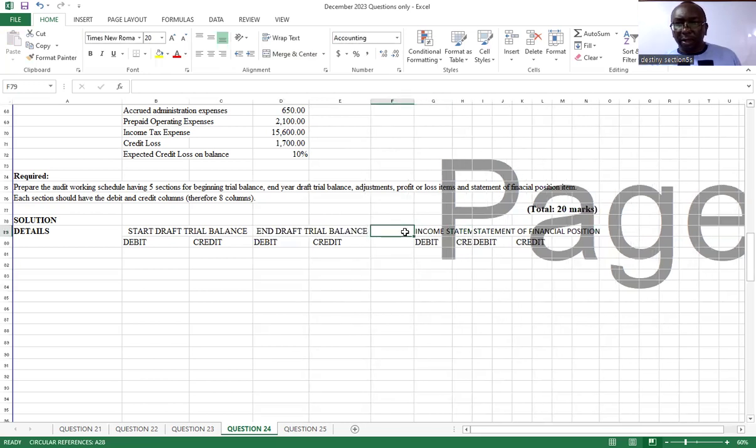So I will come here, Control X. Then I come here, these two, I merge that way.